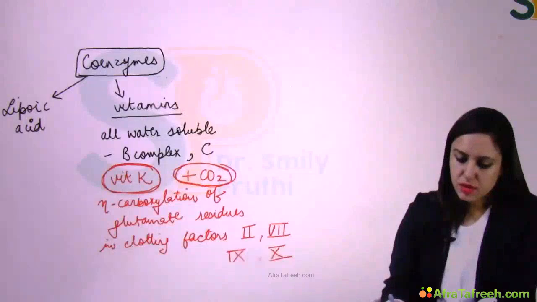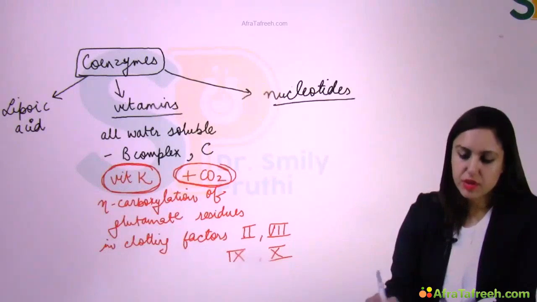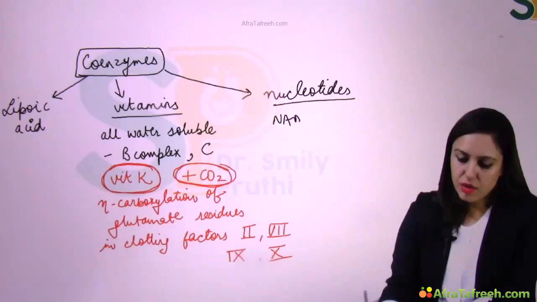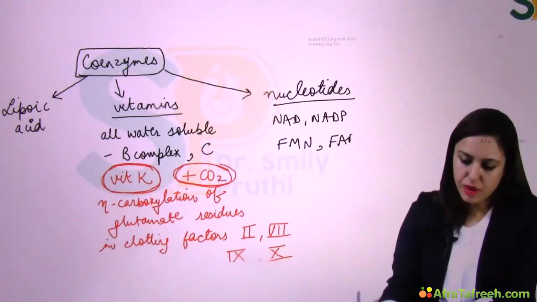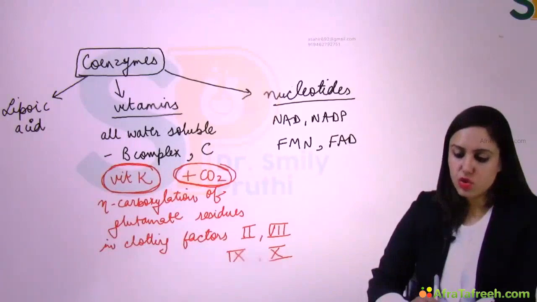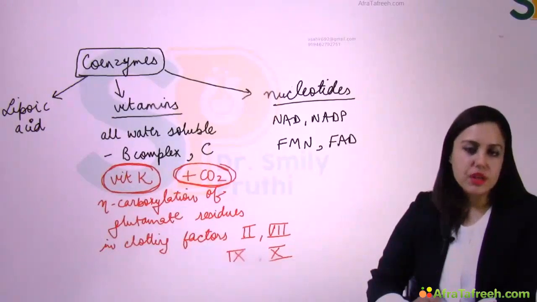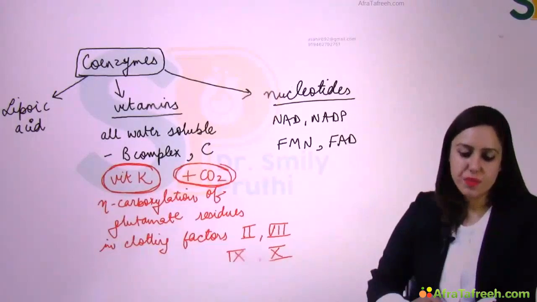Then the third is nucleotides. Some nucleotides act as coenzyme. They are NAD, NADP, FMN, FAD, right? So these are nucleotides which act as coenzyme. Vitamins act as coenzyme. Lipoic acid acts as coenzyme.